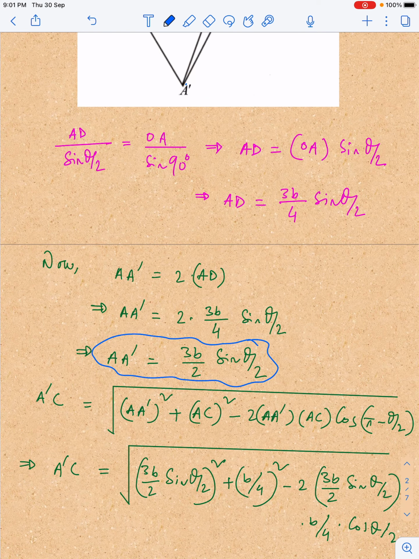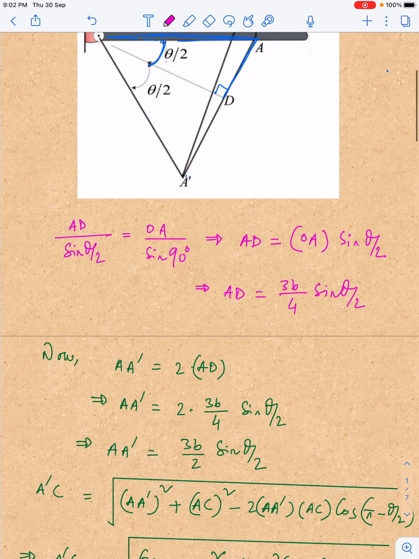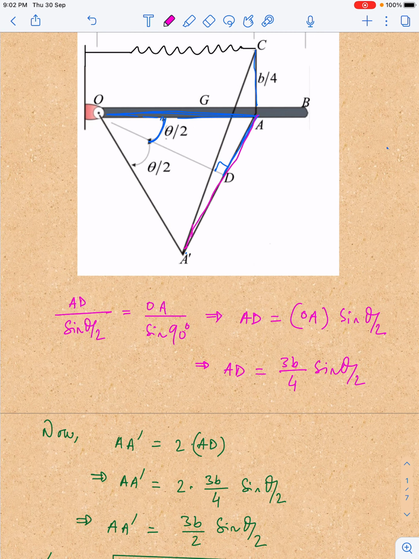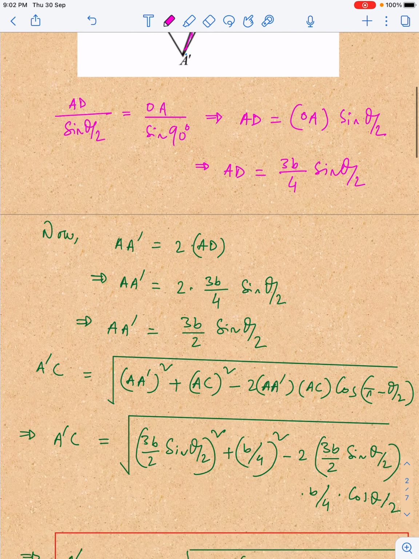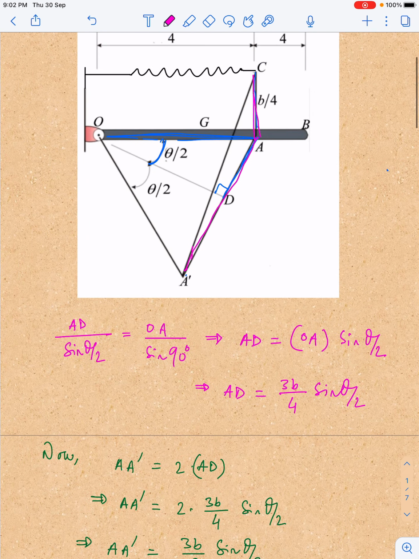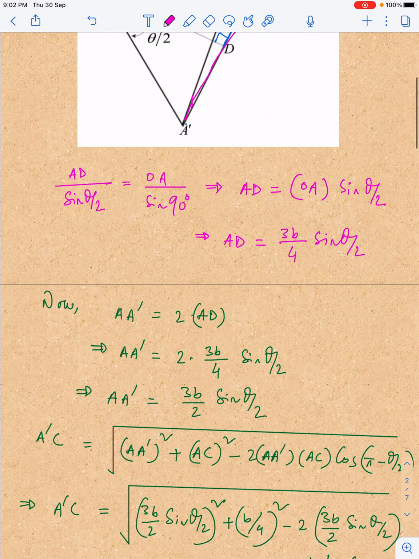All right. So in that triangle, A prime C is equal to root under of A prime squared plus AC squared, minus 2 into AA prime into AC into the cosine of the angle between them. It will be an obtuse angle, that's why we are taking cos of pi minus theta by 2.